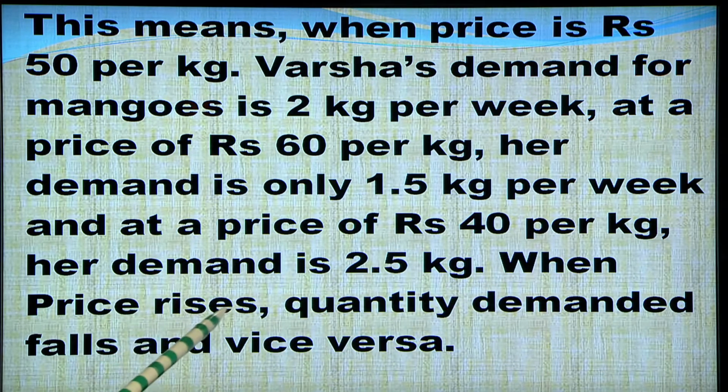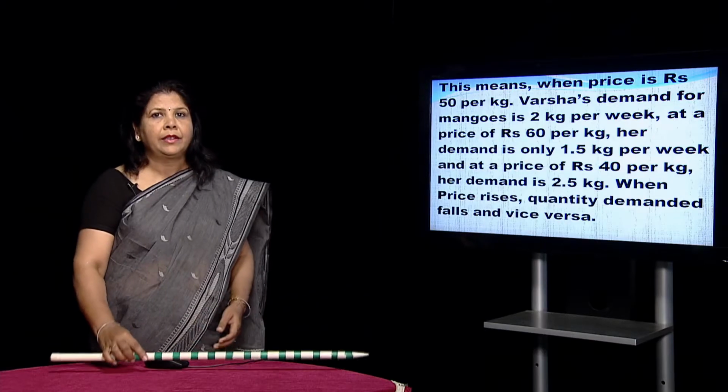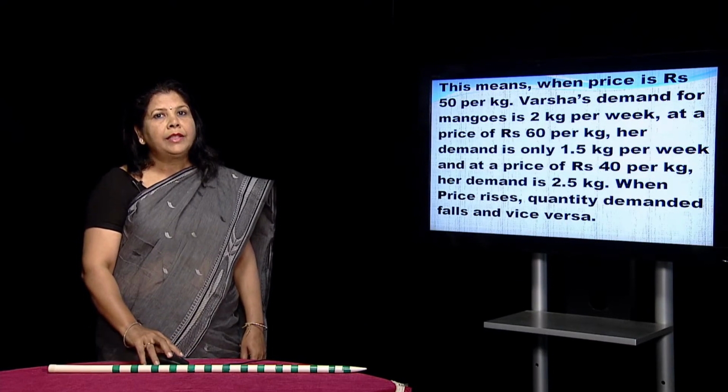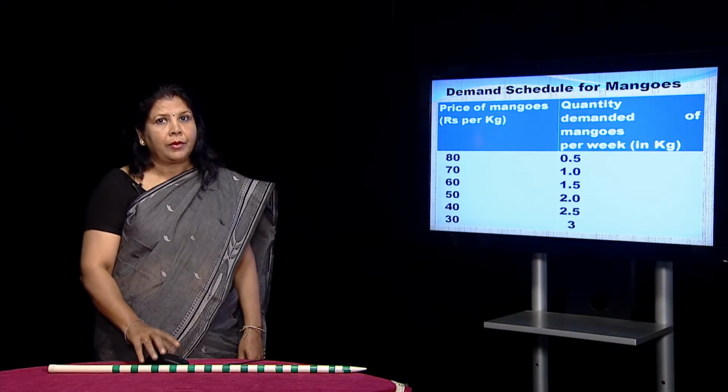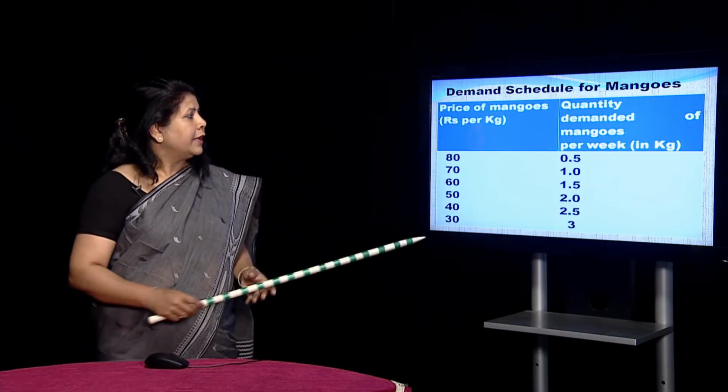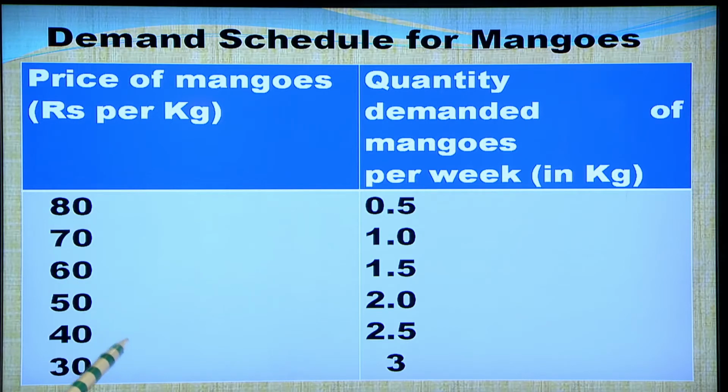When price rises, quantity demanded falls and vice versa. This situation, we can write in a tabular form. We had taken up these 3 instances and others have also been added so that we get a good table and a demand curve.